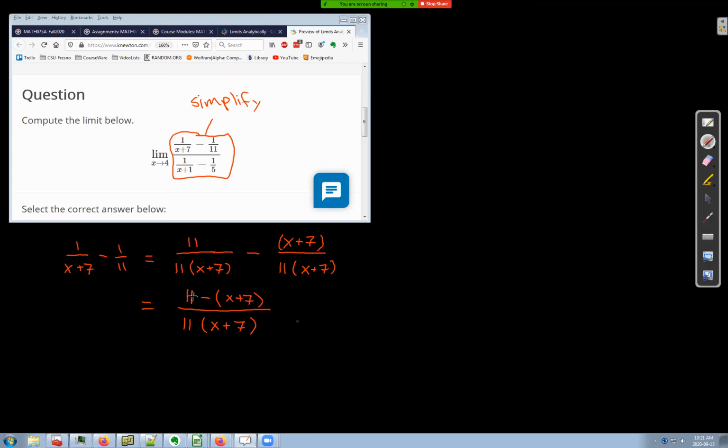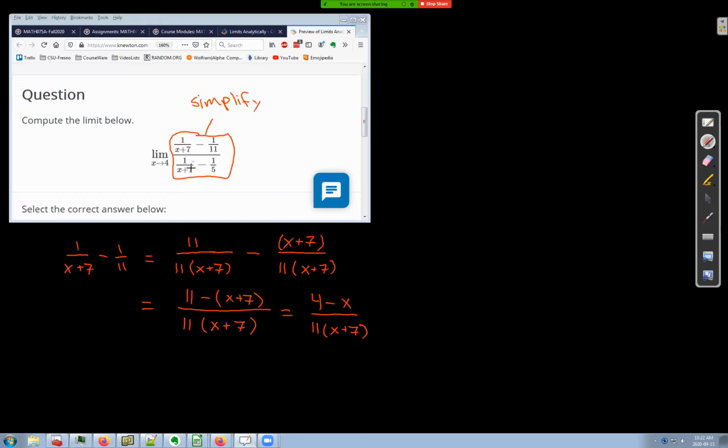And then, okay, 11 minus 7 makes 4. So that's 4 minus x divided by 11 times x plus 7. All right, so that's what this numerator expression simplifies to.